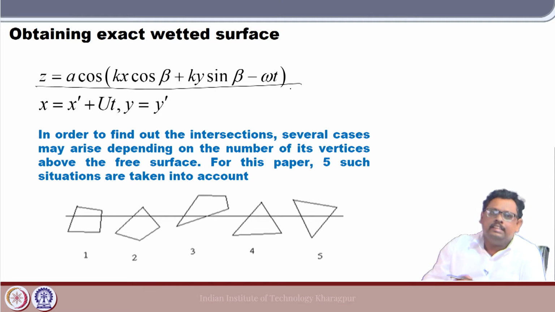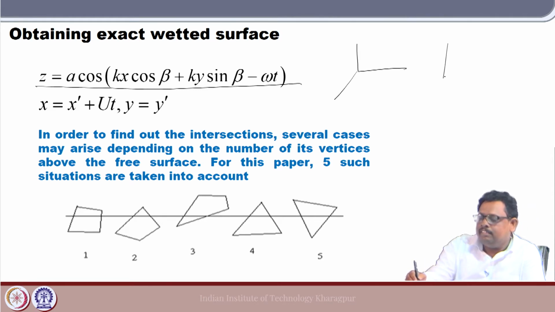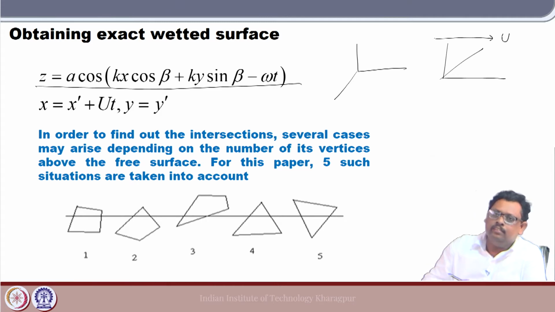Now, since the ship is going ahead, there is a relationship between the fixed coordinate frame and the moving coordinate system. This coordinate system is moving with the velocity u.